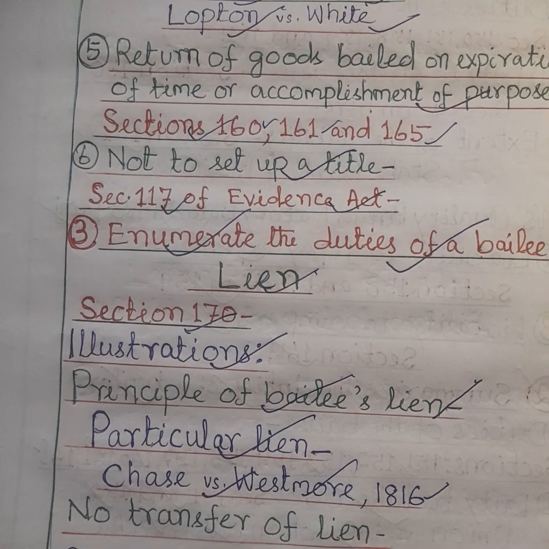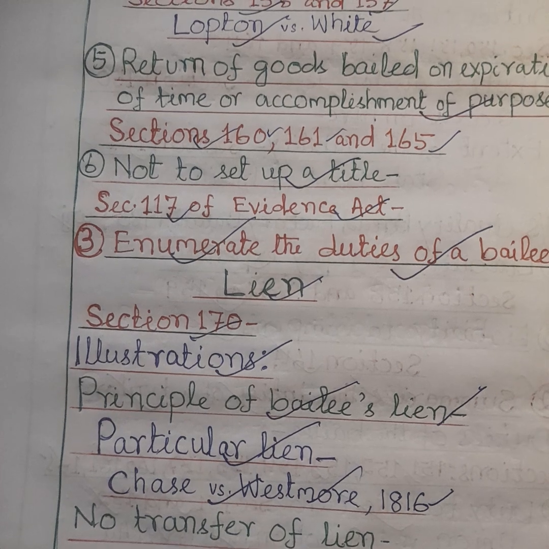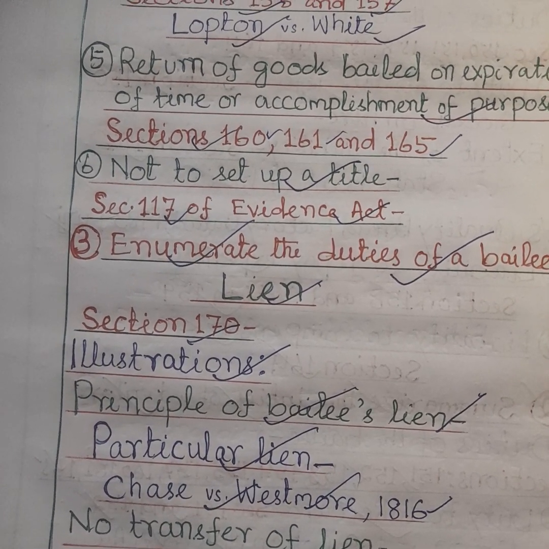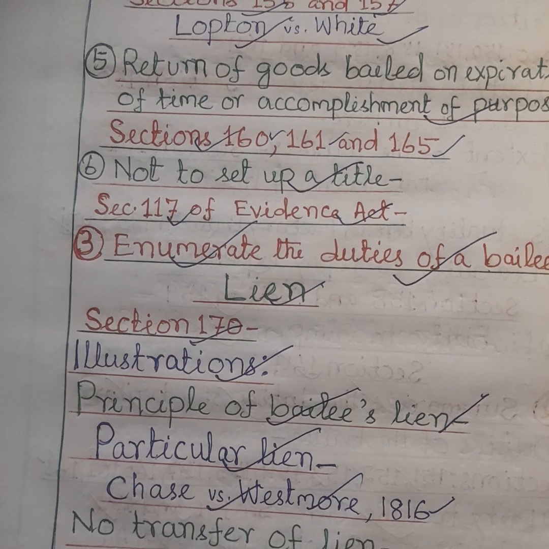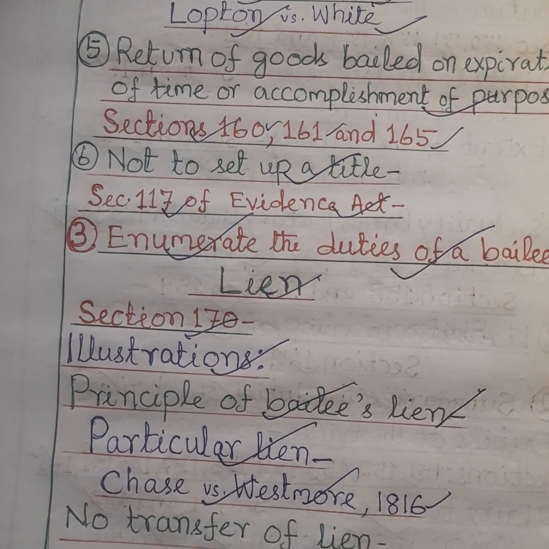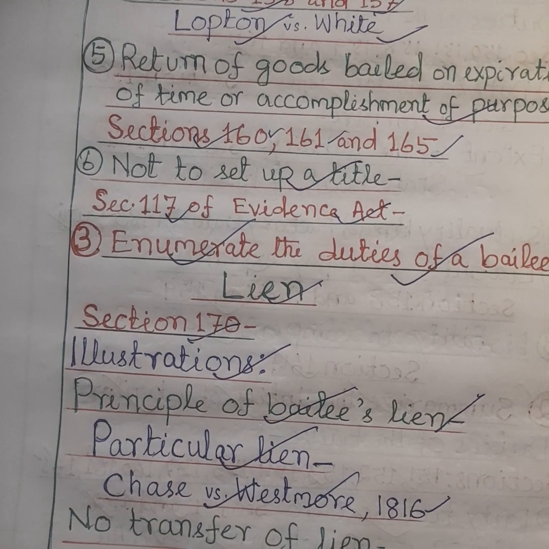The lien can be exercised provided the service involving labor and skill has been rendered in respect thereof, and such service has been rendered in accordance with the contract.